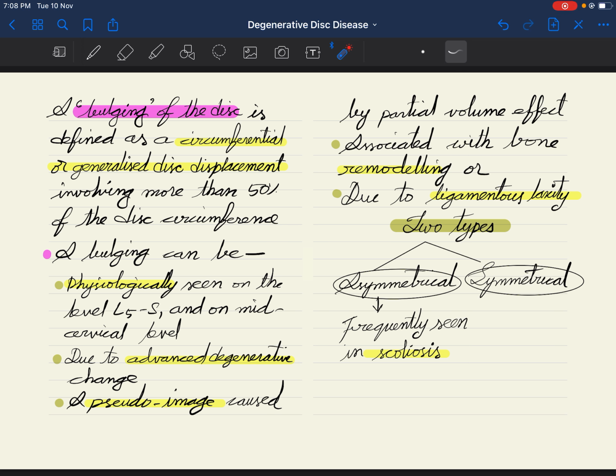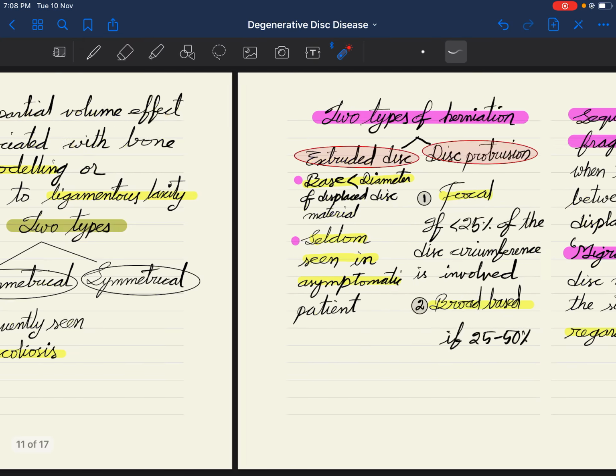Bulging may be due to a pseudo image caused by partial volume effect. Bulging can be associated with vertebral remodeling, or it may be due to ligamentous laxity. Bulging may be asymmetrical or symmetrical, but asymmetrical bulging is frequently seen in scoliosis.